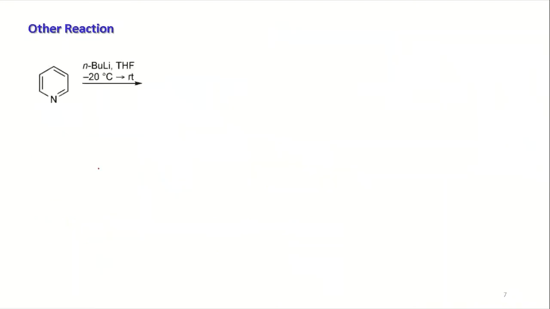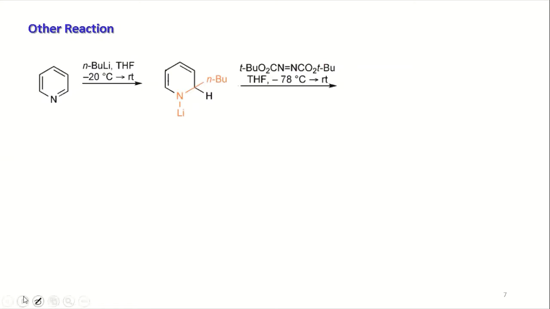In the other reaction, you have butyl lithium here at minus 20 degrees. It is still found that it reacts as a nucleophile. So it is generating this here, and now you can use another electrophile to install a functional group here. Let me look at the product formation first.